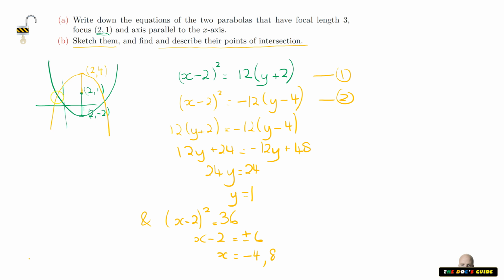So these are our 2 points here, (minus 4, 1) and (8, 1). And even on my ordinary sketch, that looks realistic.